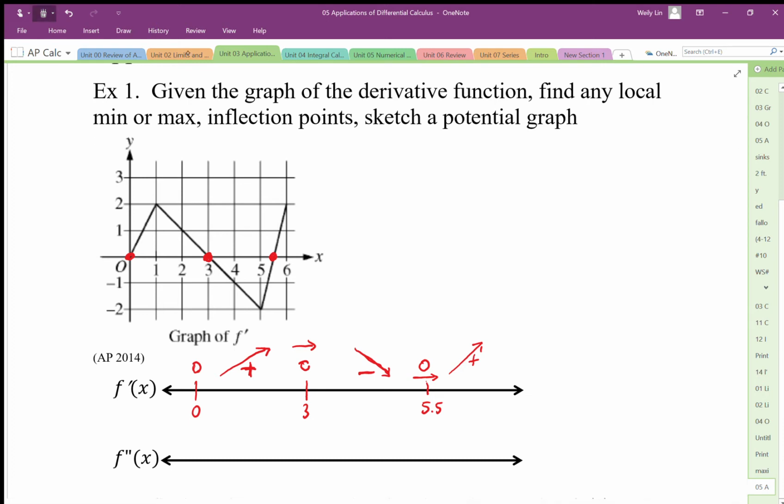So what about the second derivative? The second derivative is the slope of the slope. So instead of looking at the y-coordinates of this f prime graph, what we're going to be looking for is slope. So we have slope is positive all the way from 0 to 1. So 1 is kind of our boundary point. From 0 to 1, the slope is positive.